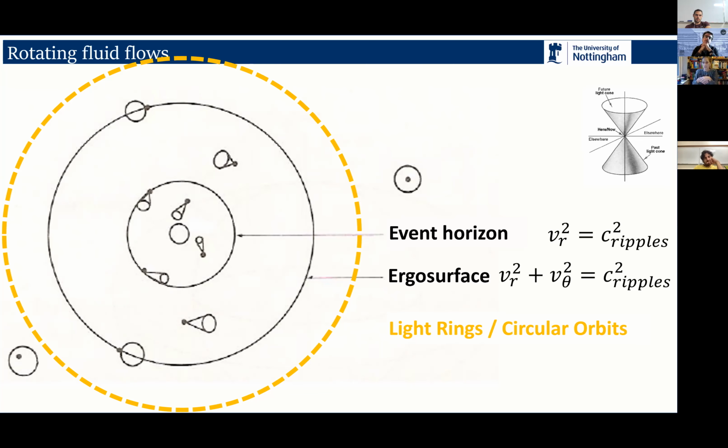For the ergo surface, you also take into account the angular velocity field. When the total radial and angular velocity exceeds the propagation speed, you get an ergo surface. And as I will show, you can also get light rings, which are further outside. Each one of these horizons should lead to some observable physical consequences.